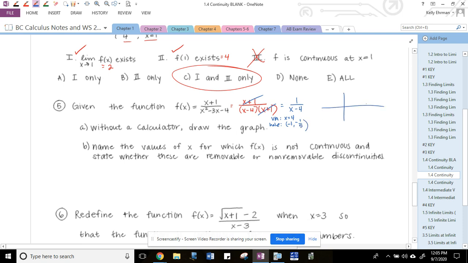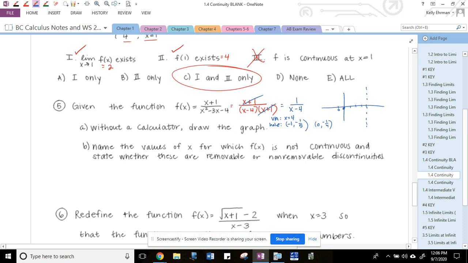So let's get some of this down. So at 1, 2, 3, 4, vertical asymptote, hole at -1, -1/5, put that there. What else? If I plug in 0 for x, I get negative 1/4 for y. So there's like a y-intercept.